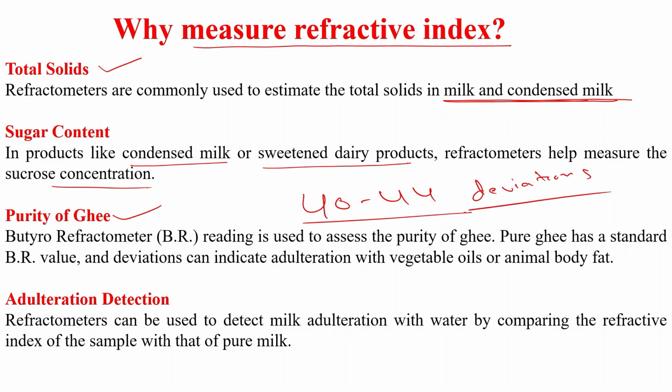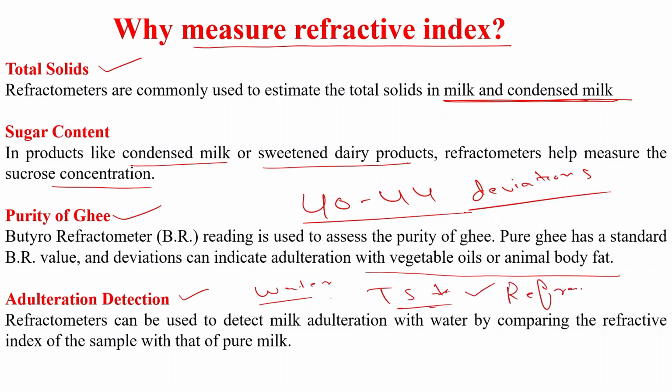So the BR reading is used to assess the purity of ghee. Pure ghee has a standard BR value, and deviation can indicate adulteration. Also we can detect adulteration if water is added to the milk. Obviously the TS will decrease, and that is related to the refractive index, so it indicates the presence of water.